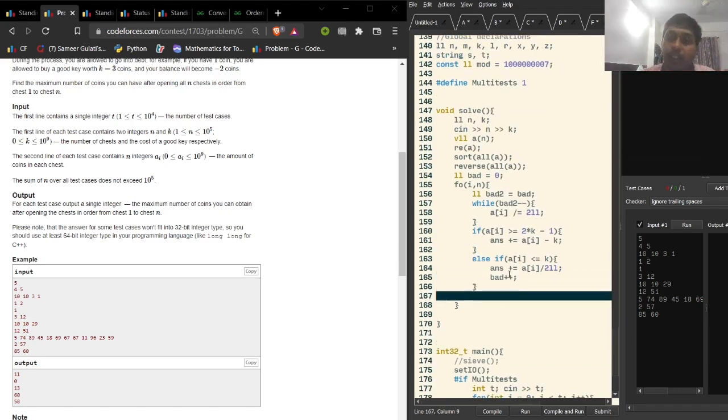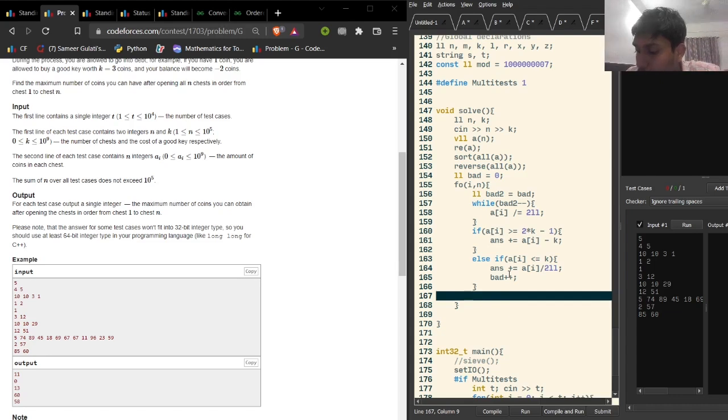What if the value is between k and 2k minus 1? You will get k coins, which is the half. If you have more than k coins, okay, one second.